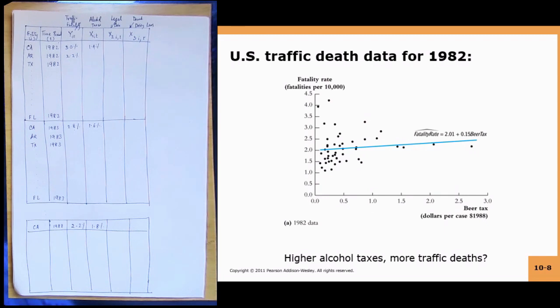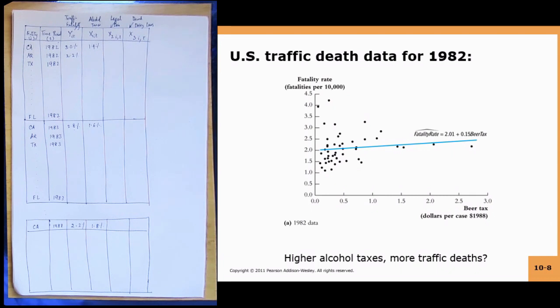As you can see, the beer tax goes from around $0 per case to around $3 per case, and fatality rate goes from around 0 fatalities per 10,000 to around 4.25 fatalities per 10,000.